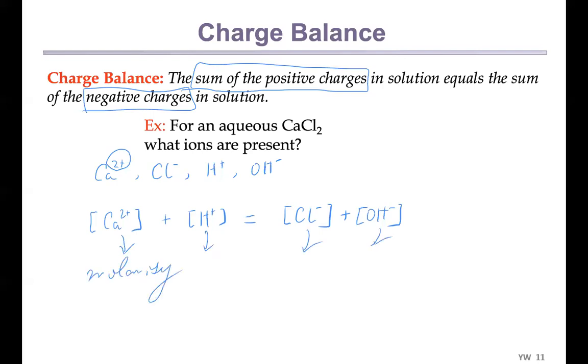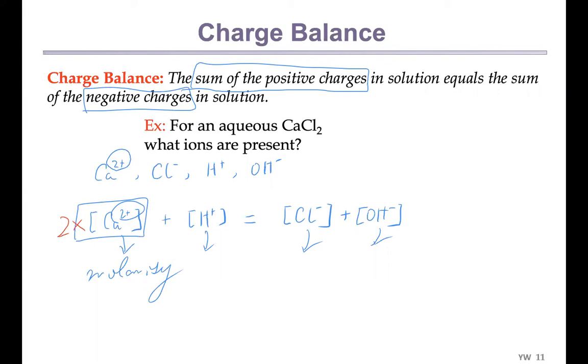And think about 1 mole of calcium. How many moles of charge is it contributing? 2, right? So you're actually contributing 2 charges, which is why you need to multiply this by 2. By doing this, you're considering all the positive charges contributed by the cations.